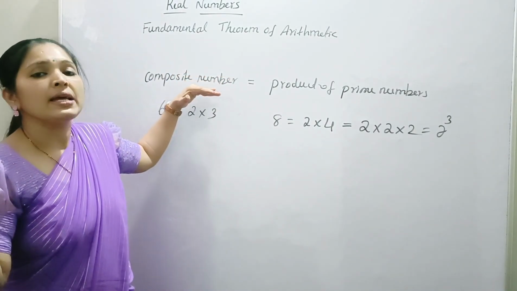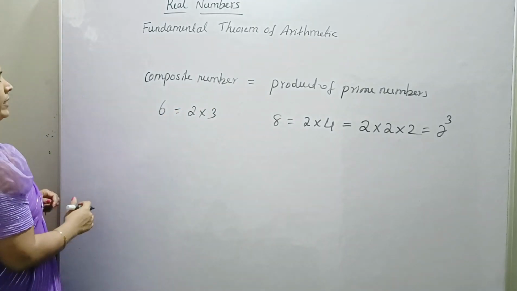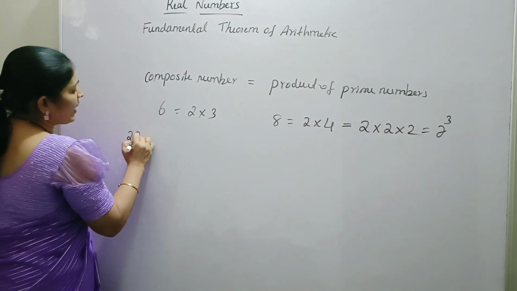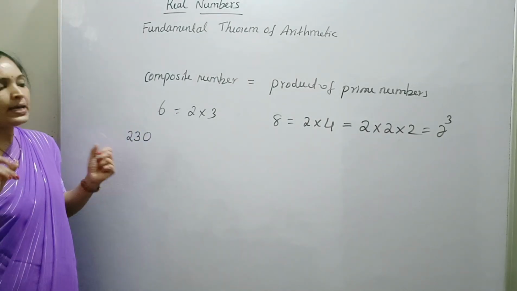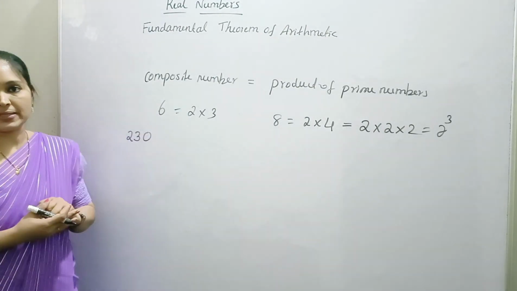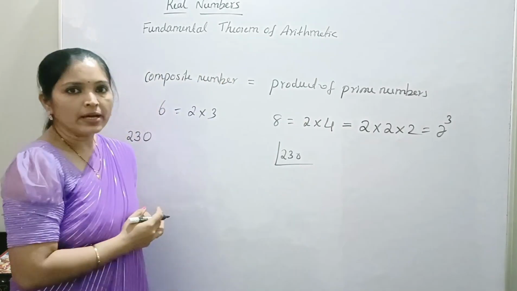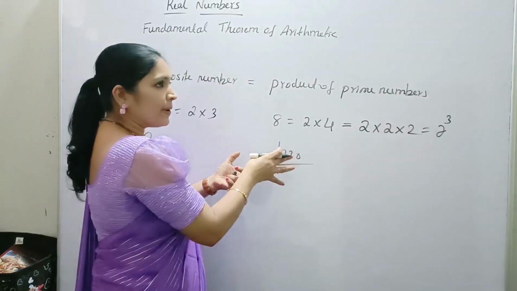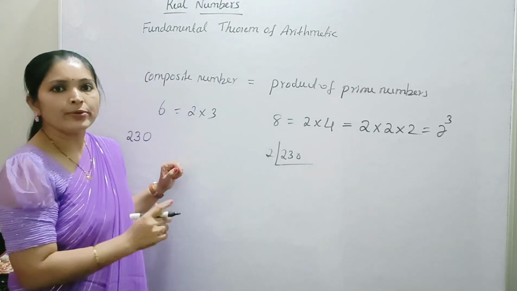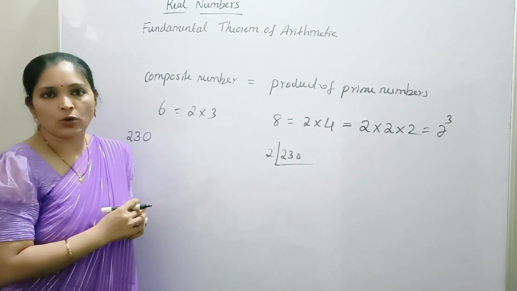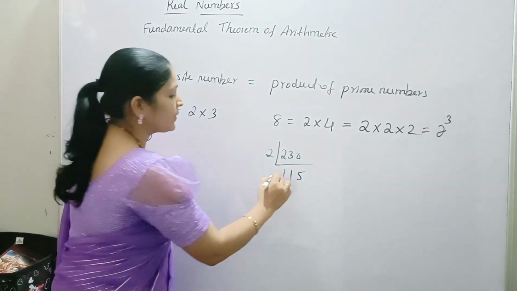Now how to write the composite number 230 as a product of prime numbers? Let's find the prime factors. Since 230 is an even number, we just start from 2, because 2 is the smallest prime number. 2 ones are 2, 2 threes are 6. Then it ends with 5, therefore take 5. 5 is a prime number. 5 twos are 10, 5 threes are 15.